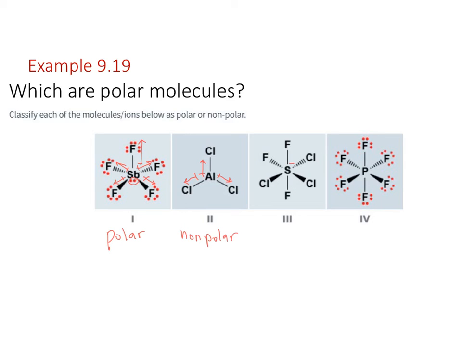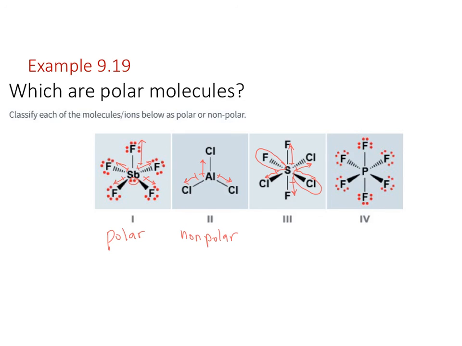Here, along the axial fluorines, 180 degrees, 180 degrees, they cancel out. My equatorial chlorines, 180 degrees apart, they cancel out. However, if you notice here, we have an unequal substitution pattern. I have chlorine on one side and fluorine on the other side.